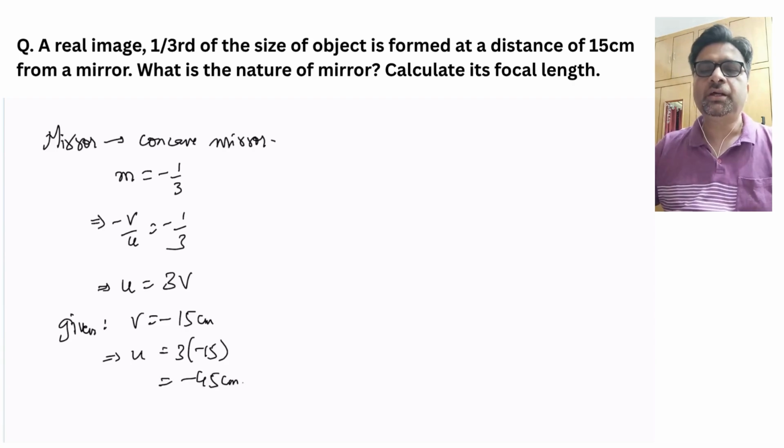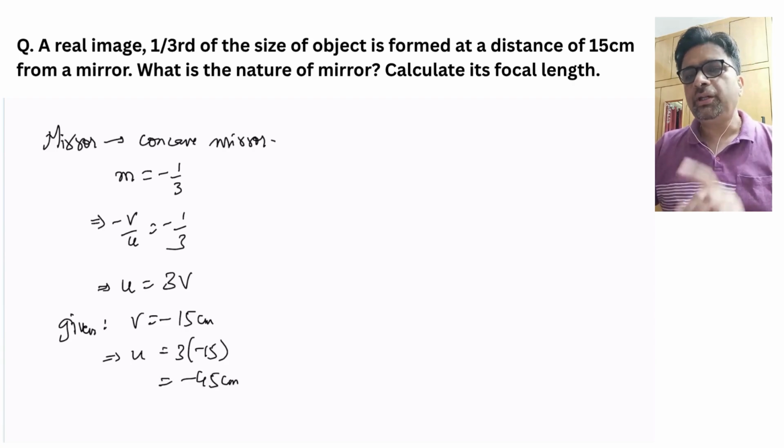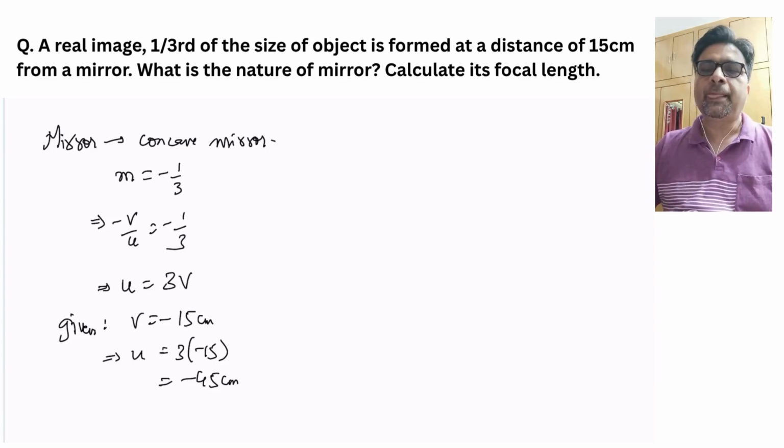So v is given and we have found u. Now an interesting observation, we don't have to write this in the solution, but even before we solve, let us see for ourselves how this works. We have a real image and the object distance is 45 centimeters. Clearly, the focal length is going to be numerically less than 45 centimeters.